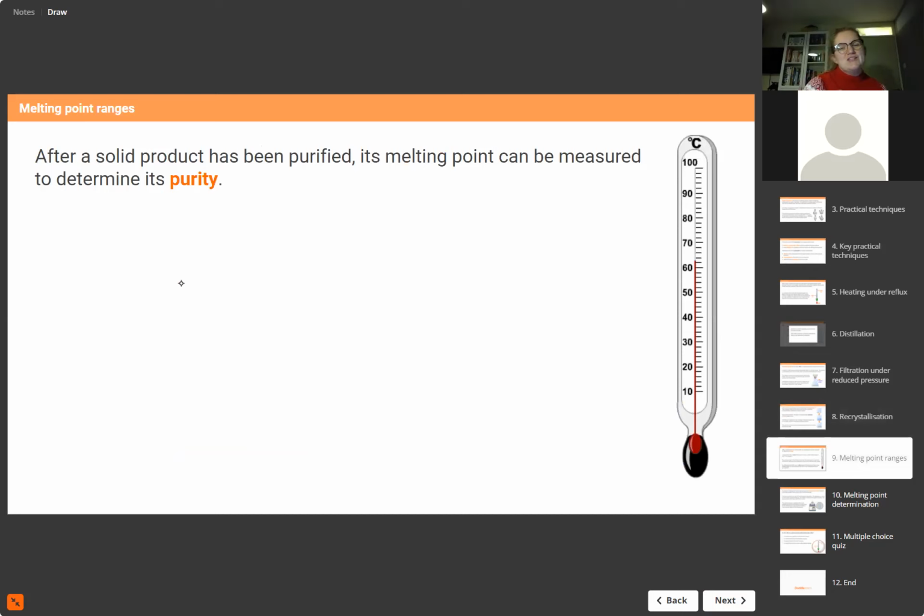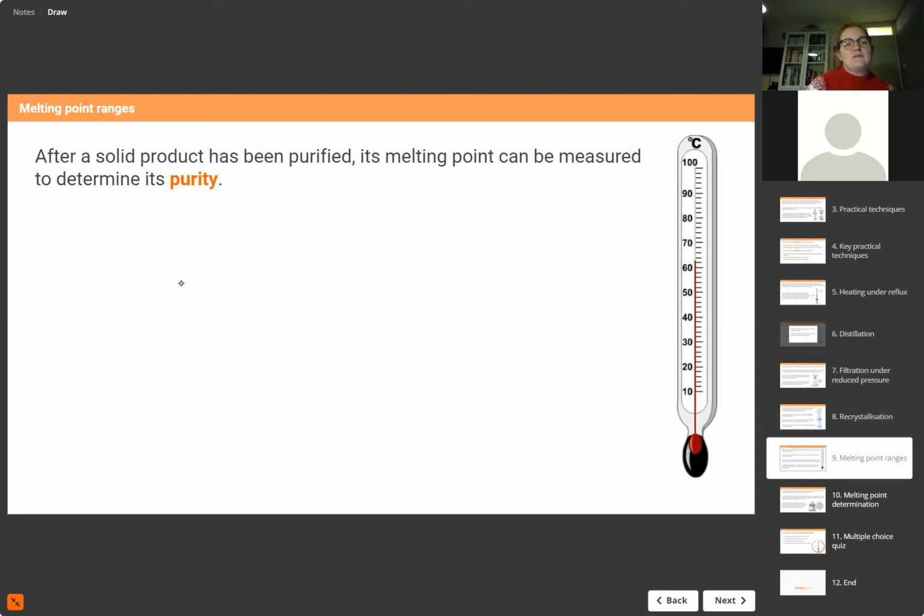Melting point ranges, so this would link very similarly to distillation, but we're looking at melting points, so we're looking at solids this time. So after a solid product has been purified, its melting point can be measured to determine its purity.